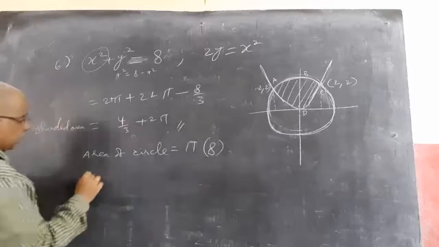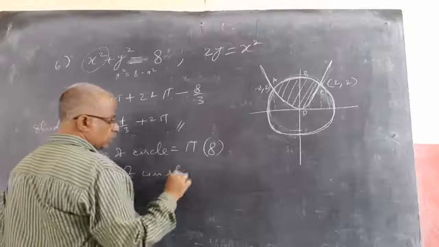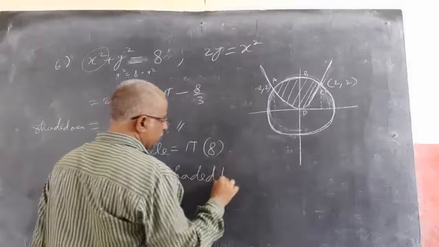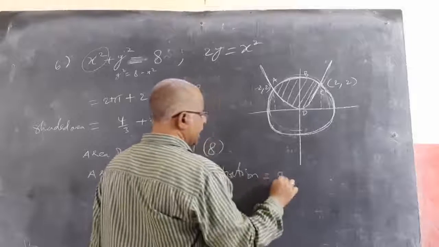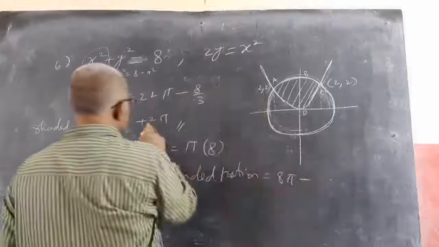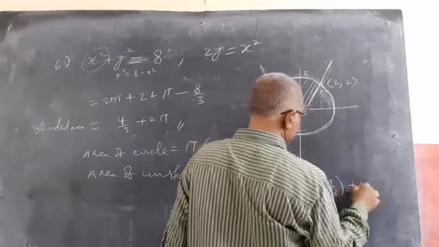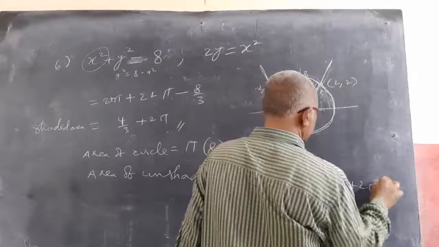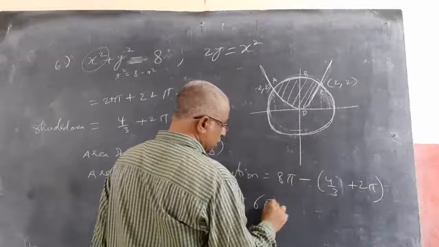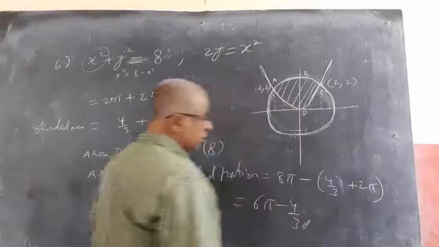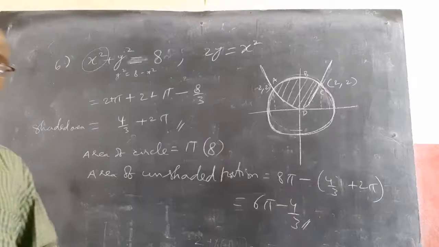Now the area of the unshaded portion equals 8 pi minus the shaded portion, 4 by 3 plus 2 pi. If you open the brackets, 8 pi minus 2 pi is 6 pi, minus 4 by 3. So 6 pi minus 4 by 3 is the unshaded portion.